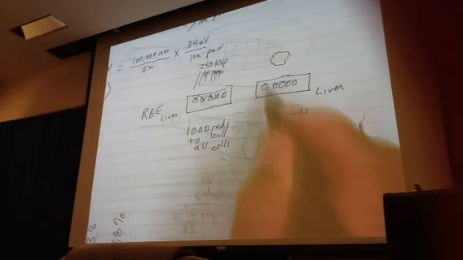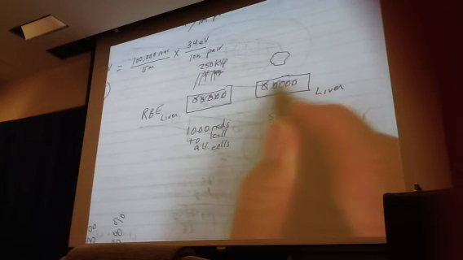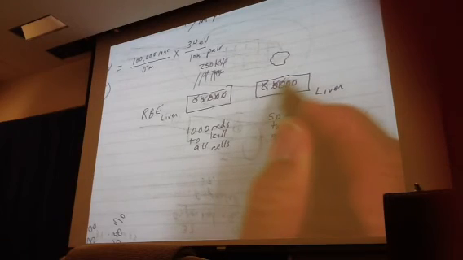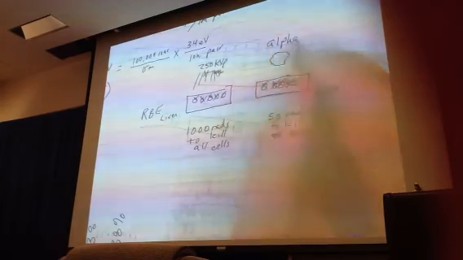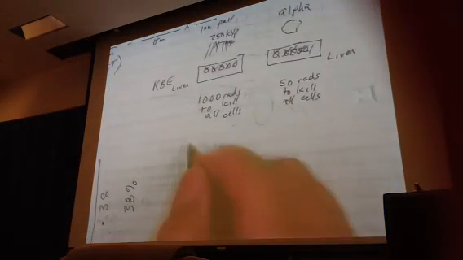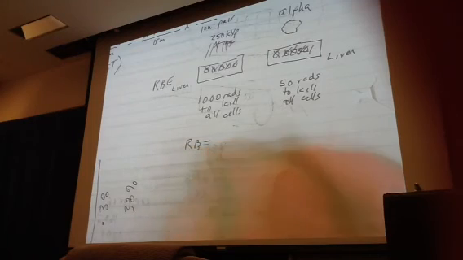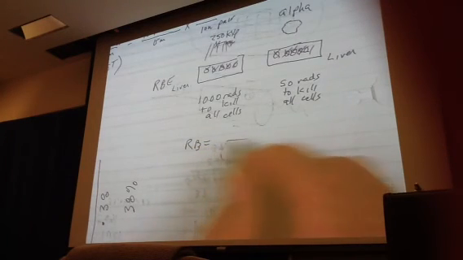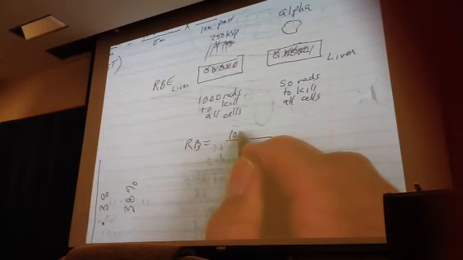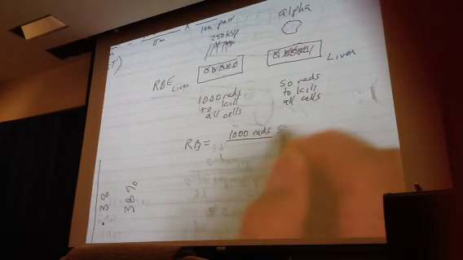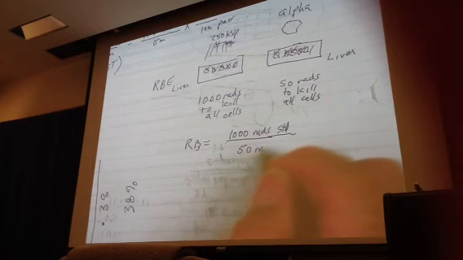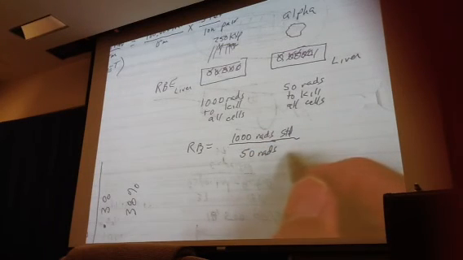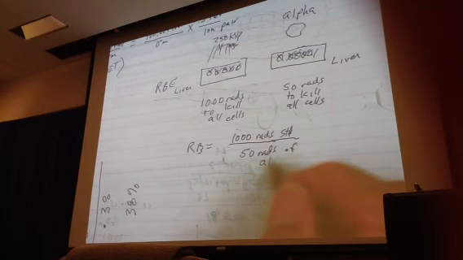With this group over here, it took 50 rads to kill all the cells. And let's say that I find out that this is an alpha emitter. To calculate the RBE, it's going to be the dose of our standard, 1,000 rads to kill, divided by the rads to produce the same effect of our unknown radiation, in this case the alpha particle.